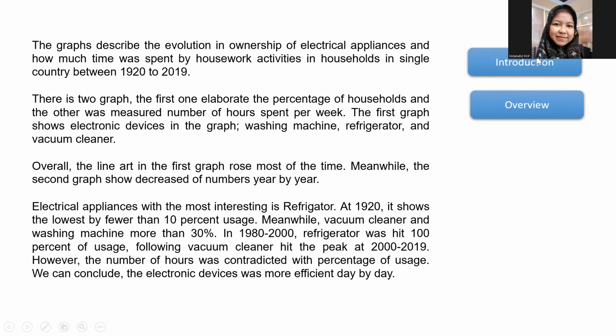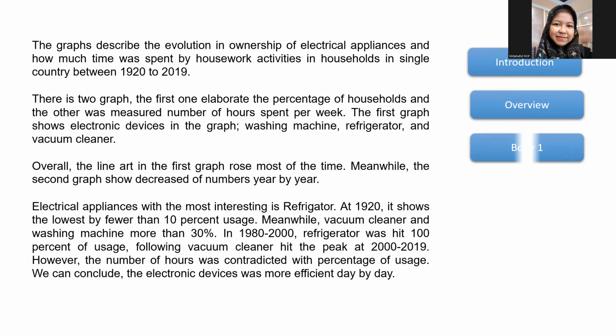this form. So in the first paragraph, you state the introduction, you paraphrase the instruction given in the task, and then in the second paragraph, you give a very brief overview related to the most obvious trend you see while observing the graphs.